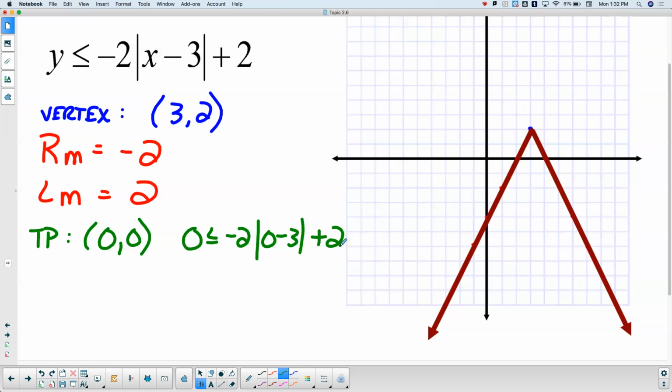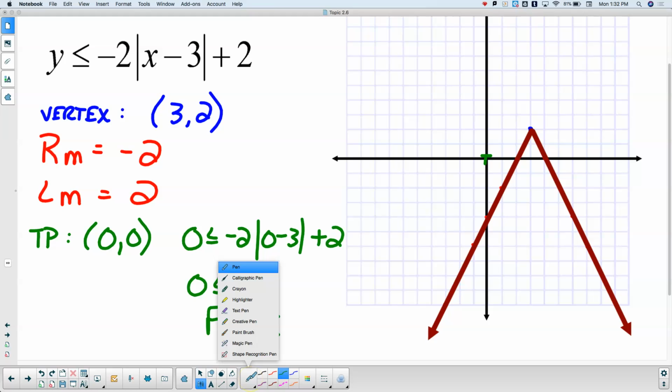Absolute value of negative 3 is positive 3. Times negative 2 is negative 6. Plus 2 is negative 4. Is 0 less than or equal to negative 4? True or false? That is false. So that is, once again, an inside shading.